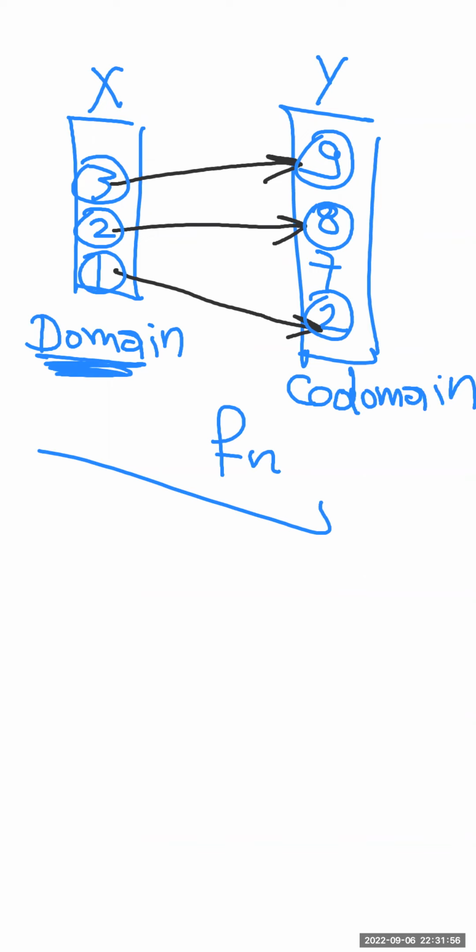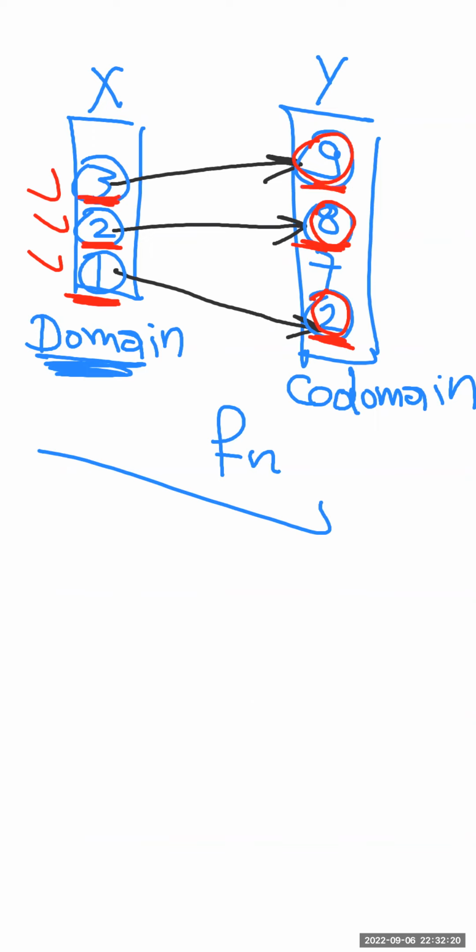Then there are some elements here like 2, 8, 9, which are the images of x. The image of x on y, here 1 becomes 2, 2 maps 8, 3 maps 9. Image means that the element of x maps an element on y.